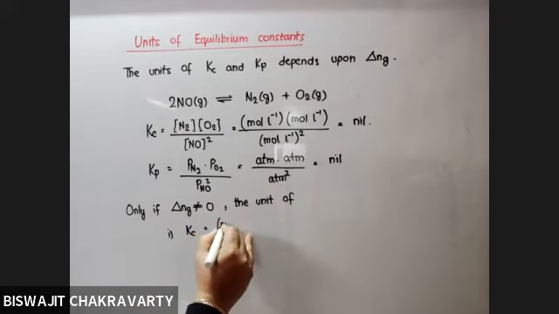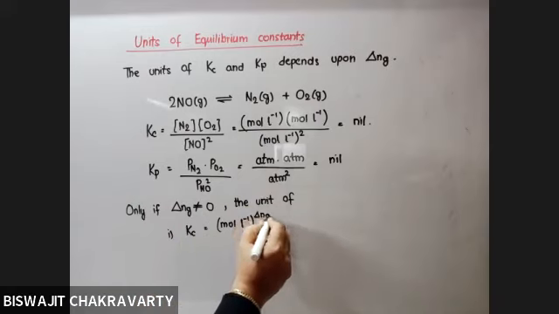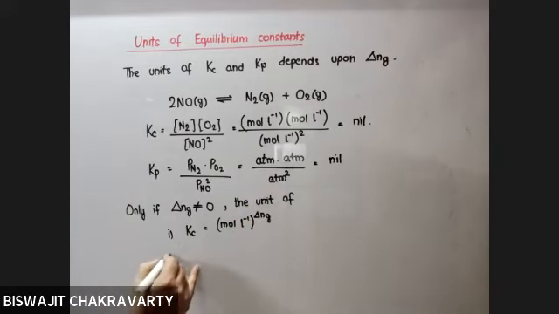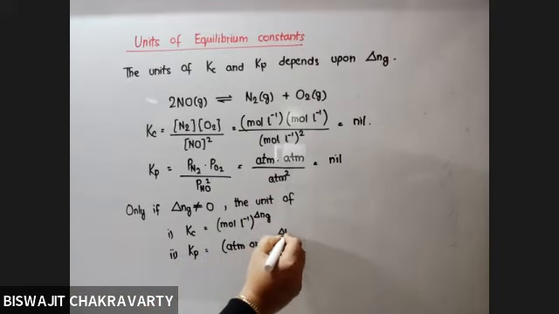It will be moles per liter to the power delta Ng. And what will be the unit of Kp? atm or bar to the power delta Ng.